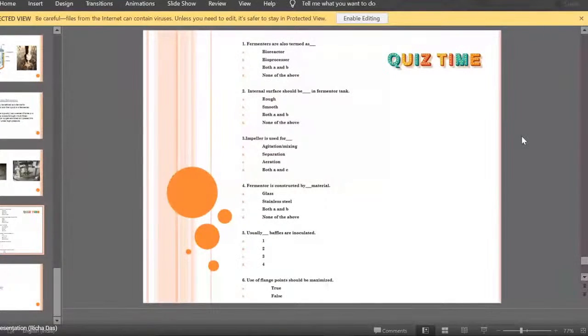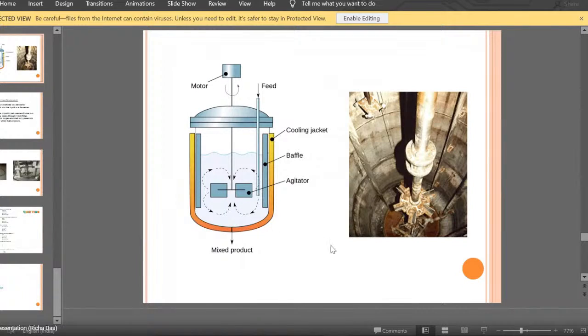Actually, when I say that the internal surface of the fermenter should be smooth, that means the walls of the fermenter should be smooth. We are not talking here about the base of the fermenter. In this diagram, we are talking about the walls of this fermenter. The walls should be smooth. Base can be anything, but these walls have to be smooth.